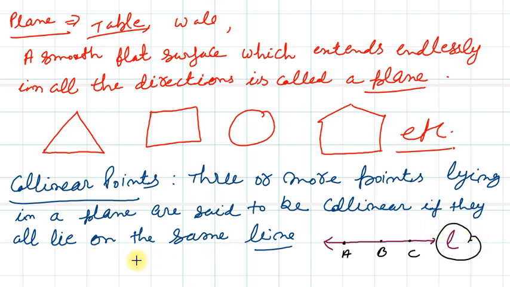If I write these points as X, Y, Z, they are not on the same line, so they are non-collinear or not collinear points, right?